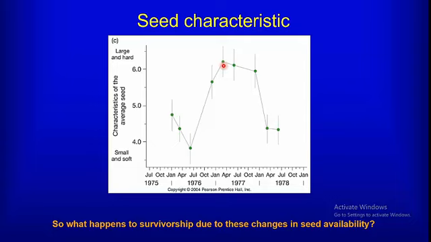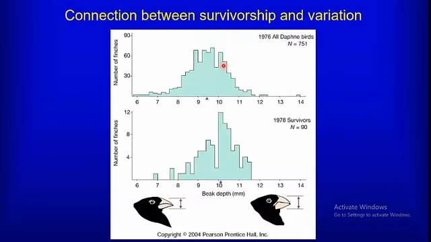Now when this is happening, what happens to the survivorship due to these changes in seed availability? It turns out that there is a very nice pattern in the way the birds survive. It's not a random thing. So this is the distribution as we saw in 1976 before the drought strikes. However, if you look at the survivors in 1978, the distribution looks very, very different.